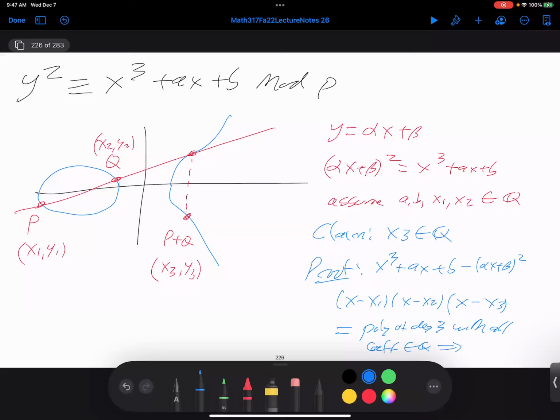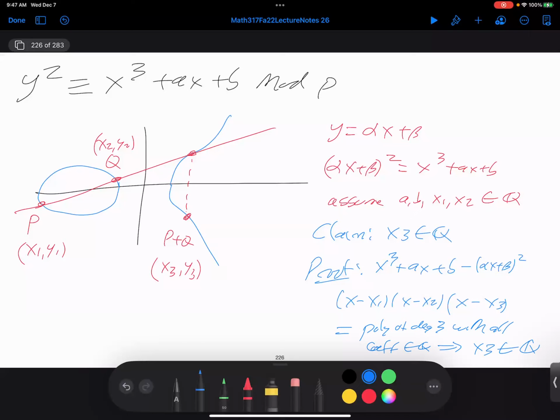If x1 and x2 are not 0, then it becomes really easy because the constant term is going to be negative x1, x2, x3. Because that has to be rational, you know you're golden. If one or both of x1 and x2 are 0, then you have to do a little more work.